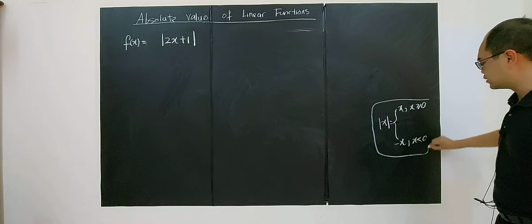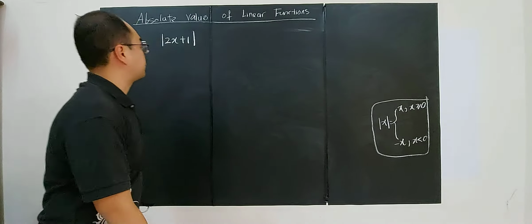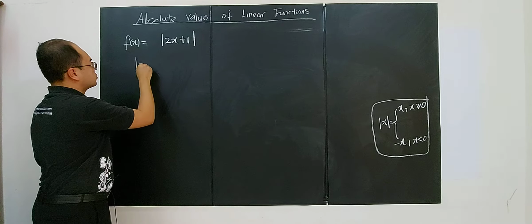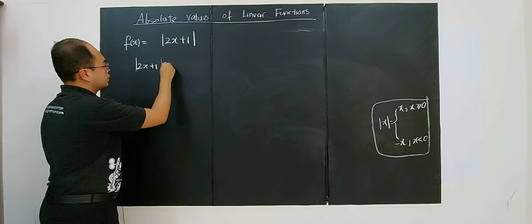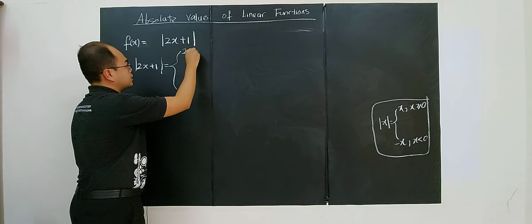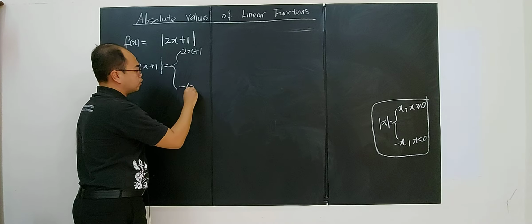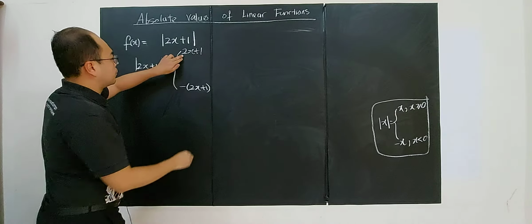This will be the reference for every modulus function of a linear function, the absolute function. So you modulus 2x plus 1, and it has two functions: the first one is 2x plus 1, and the second one will be negative of 2x plus 1, so it will be positive.